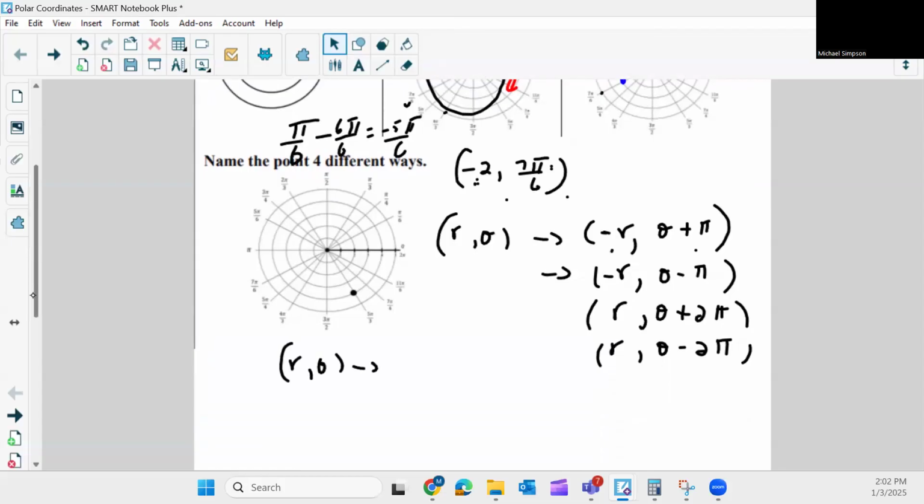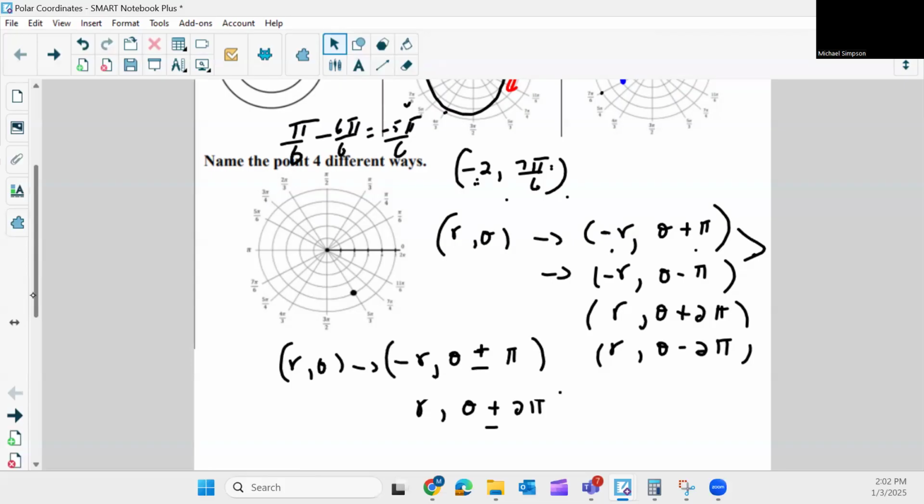I can write this as R, and the angle I can add or minus pi. That's these two right here. Or I can keep the R value the same, but this time add 2 pi or minus 2 pi. So we'll say plus or minus 2 pi. Good. So that's a compact way of writing.